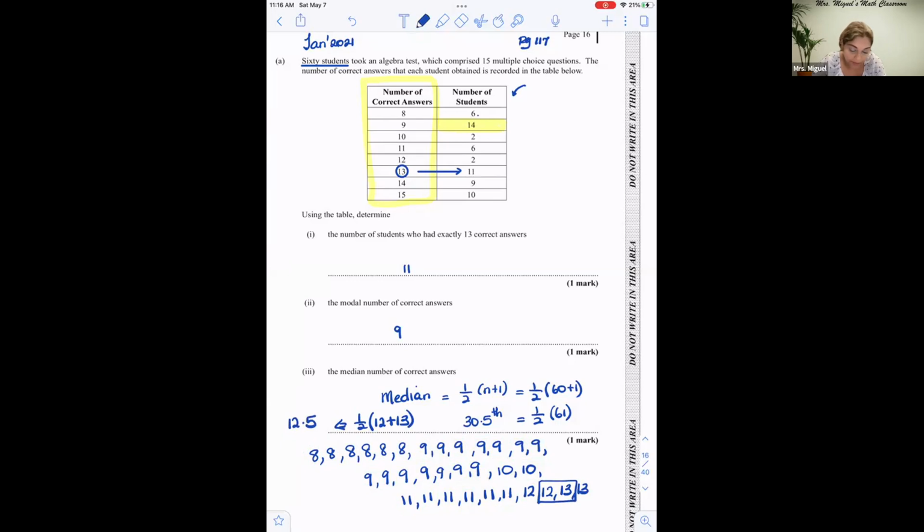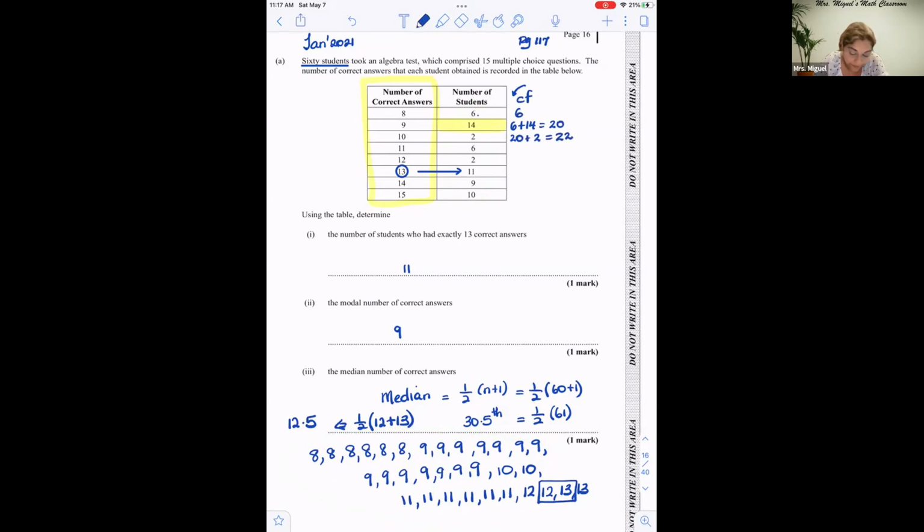Now, this was time consuming to do. Is there another method of finding the median based on these numbers without having to list all the data? Yes, there is. So we are going to find the cumulative frequency. So 6, then 6 plus 14, this is 20. We didn't reach number 30.5 as yet. 20 plus 2, this is 22.